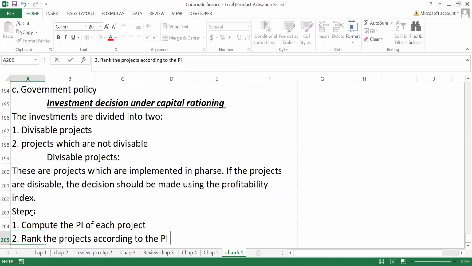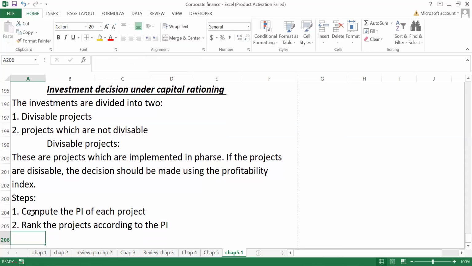I think you know how to compute the PI from our previous lesson. Step number 2, rank the projects according to the PI. Meaning the project with the highest PI should be ranked first. When you are ranking, the projects with the highest PI should be ranked first.